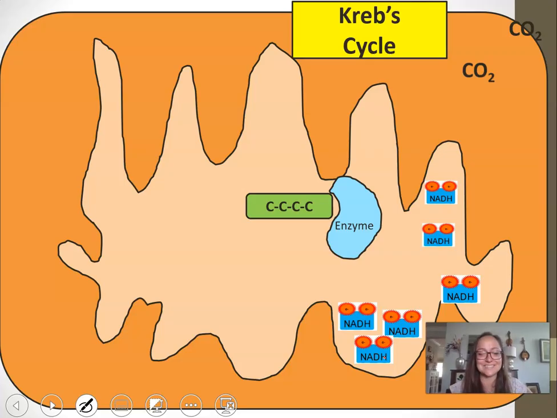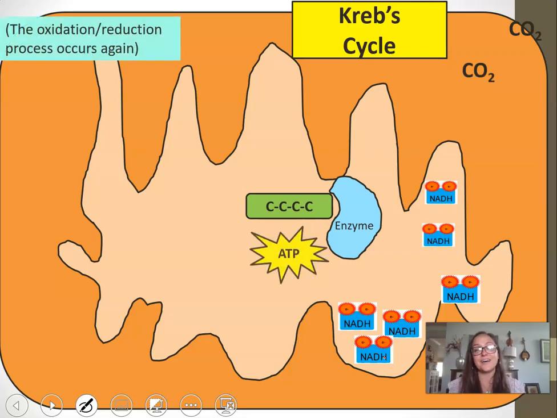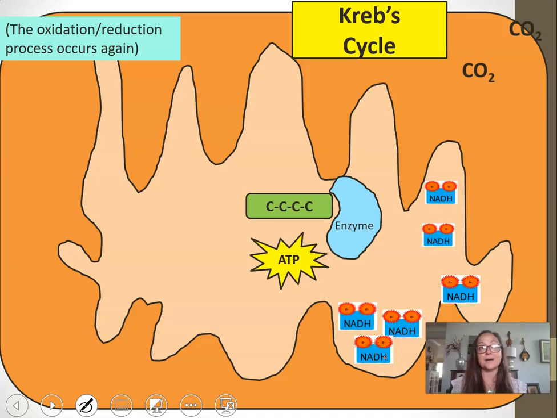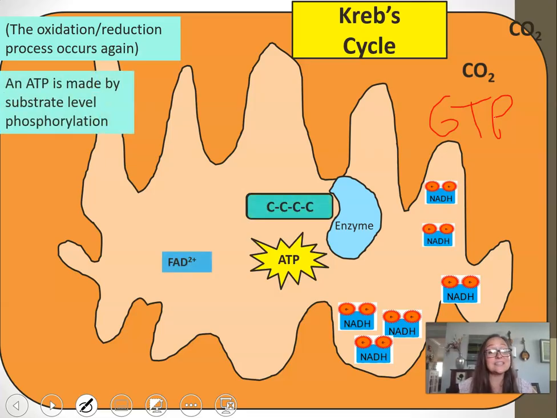Okay, so back to the citric acid cycle. So now you see we have even more reduced electron carriers. Now in the process of the citric acid cycle, we do get one ATP produced by substrate level phosphorylation. However, to be truthful, it's actually a GTP that's made and then converted into ATP. And then there's actually a few more steps involved in the citric acid cycle that we, again, don't need to know.